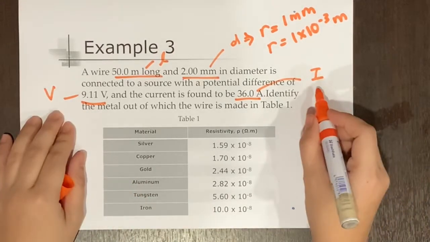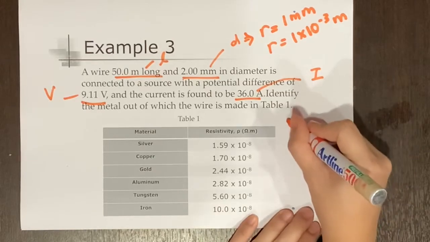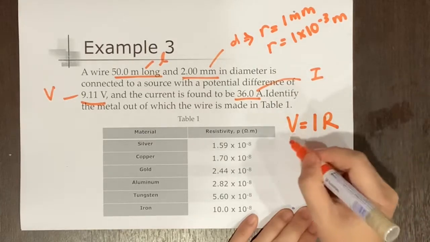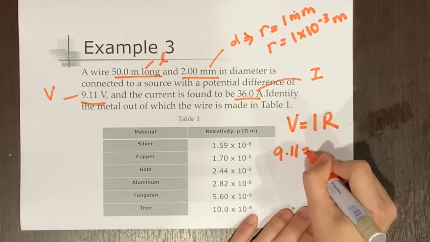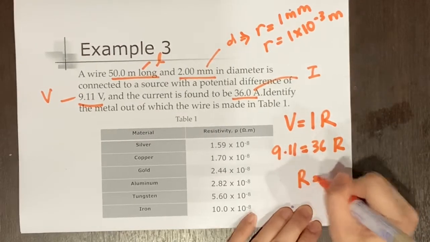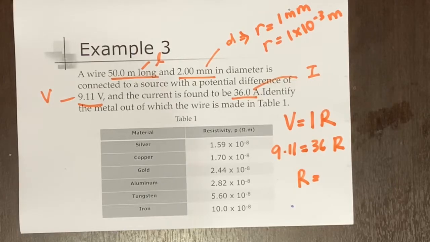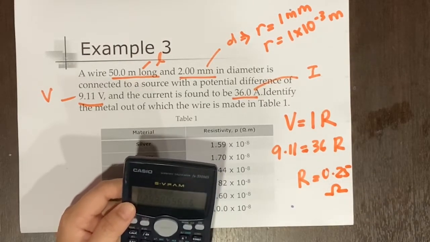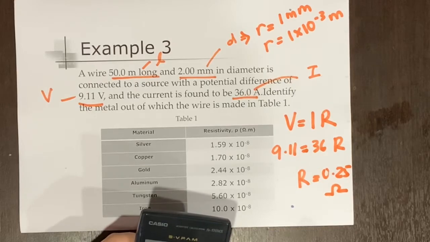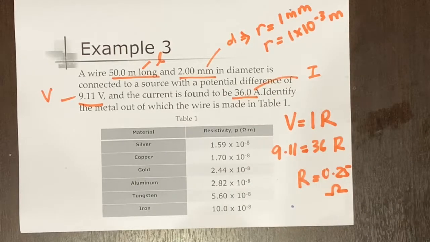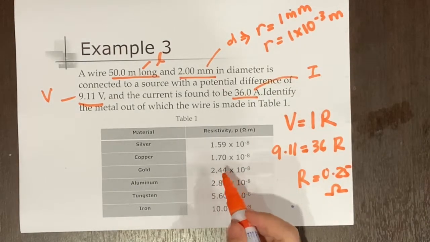You are given V, I, L, and r. So first find resistance. V is equal to IR. V is 9.11, current is 36, R you don't know, so R is equal to 9.11 divided by 36, 0.25 ohm. And then how to find resistivity?